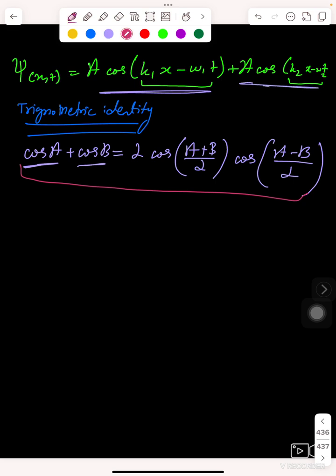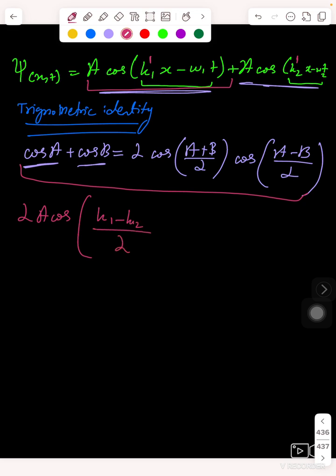So when we substitute, we get 2A cos, because A is common in both, and then k1 minus k2 over 2, x, and w1 minus w2 over 2. K and x are not changing here.